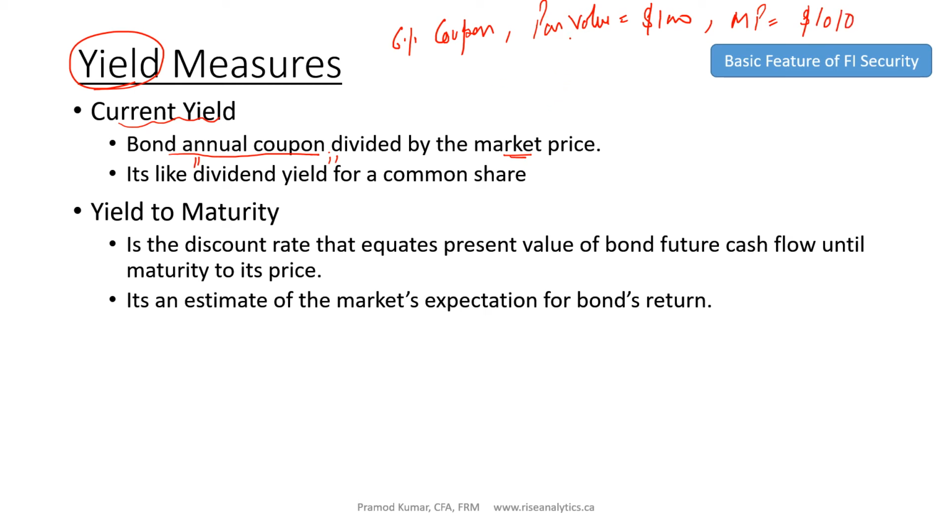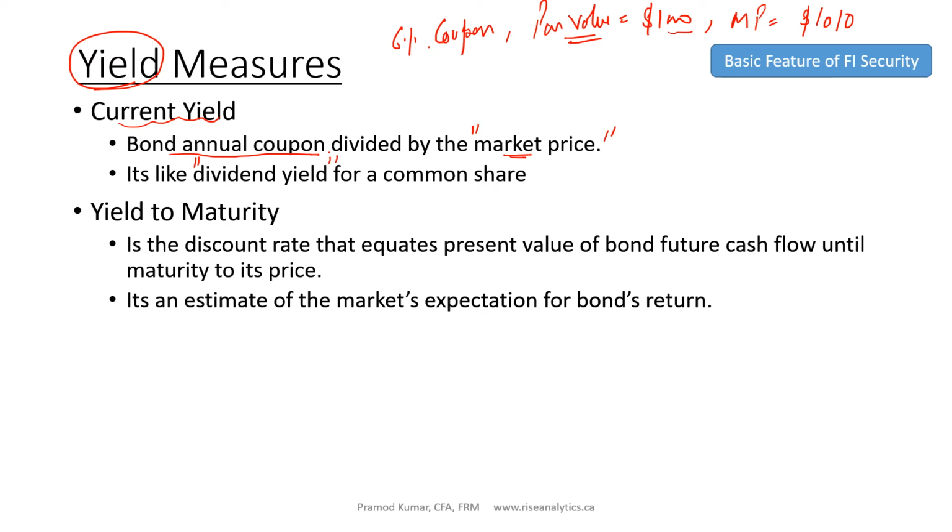The one thing to note here is it takes the market price, not the par value. We'll do one example later, but I just want to highlight the current yield quickly.